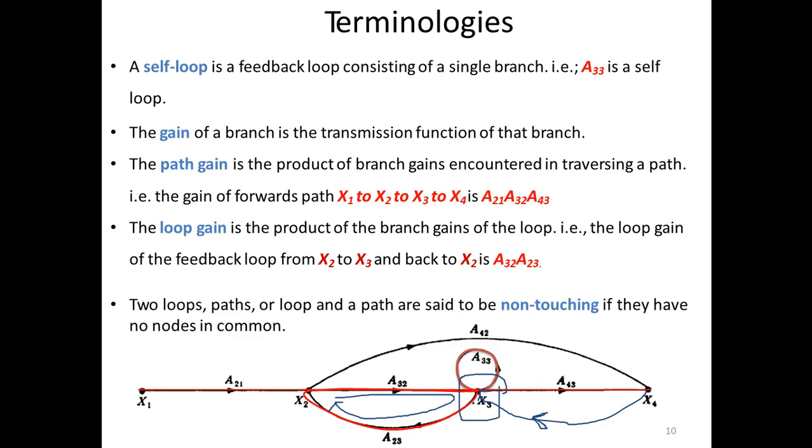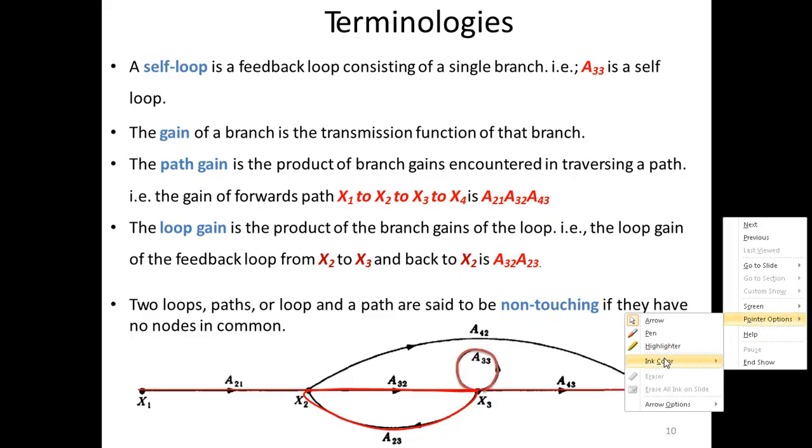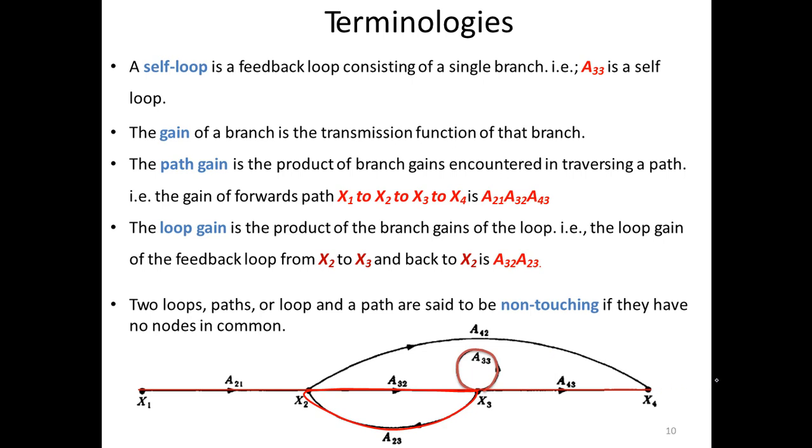These loops are touching. Let's say there is another node x5. Let me clear it. Let's say there is another node, and this is basically x5, and let's say this x5 is your output, and there is a loop from x5 to x4. Let's say this is the scenario. So this will be non-touching loops.